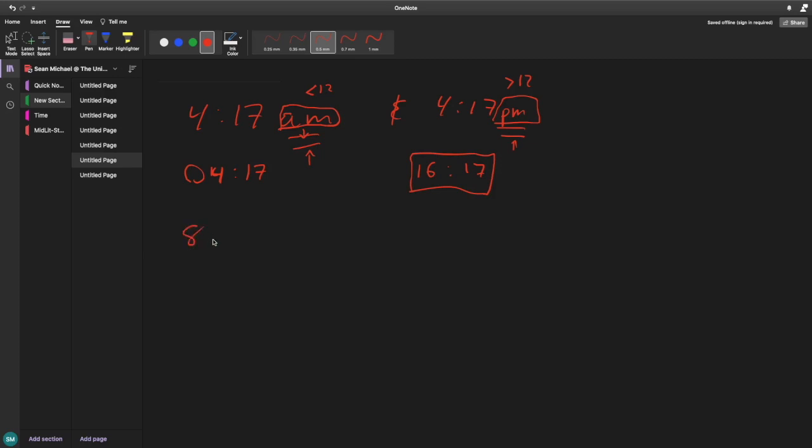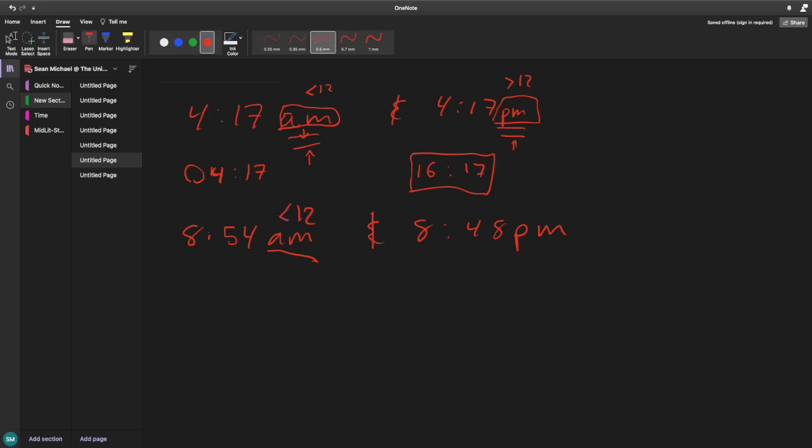So if it's 8:54 AM and 8:48 PM, whatever, it doesn't really matter, though they're different for some weird reason. Here we see AM, we know that this is going to be smaller than 12.